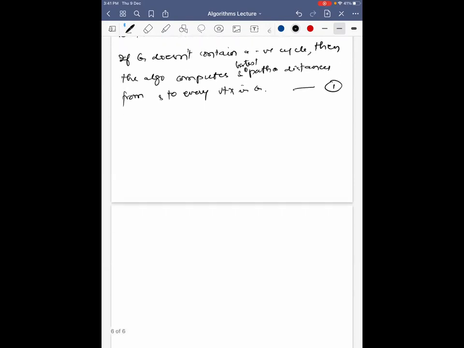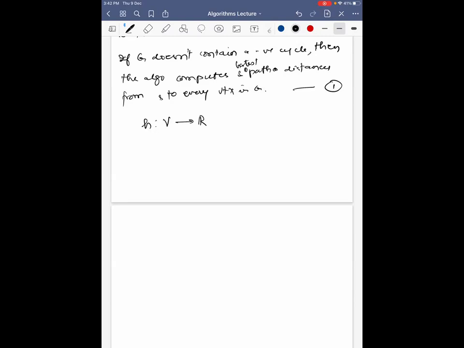Now let us say that you have a function h, any arbitrary function from the vertex set V to the set of real numbers.